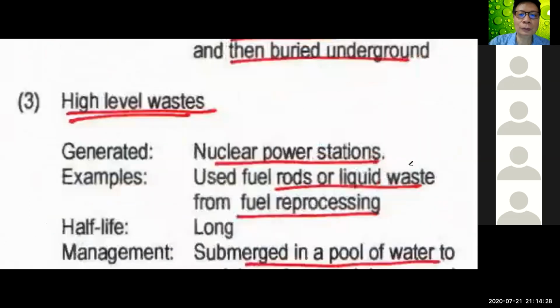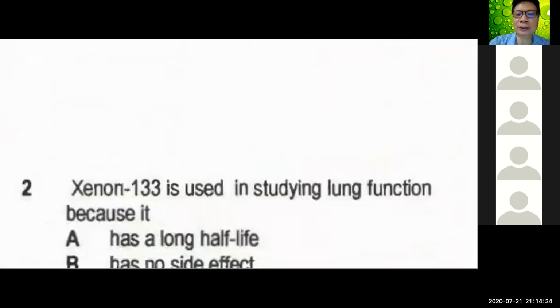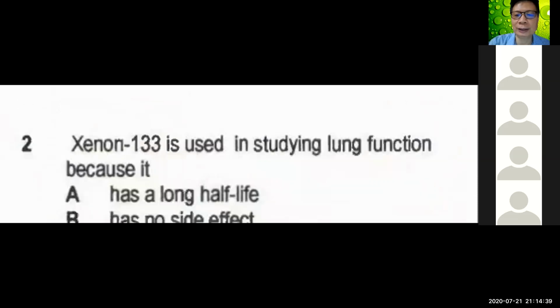Now number 2. Xenon 133 study the lung. Why did we choose Xenon 133 to study lung functioning?